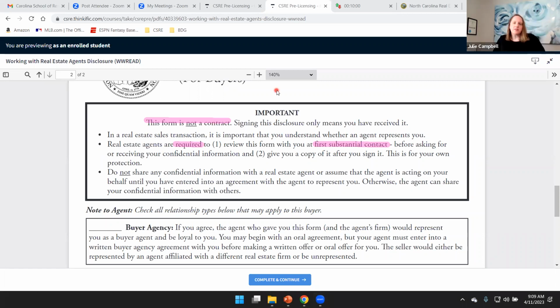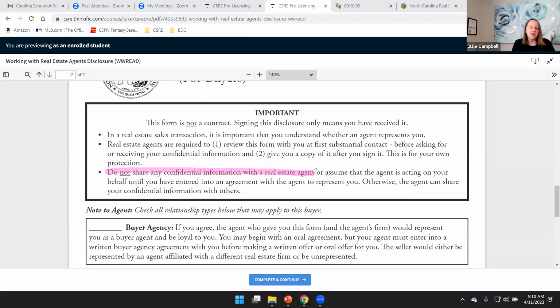The third bullet point says, do not, again, there's another underline, do not share any confidential information with the agent. Okay, let's make sure we understand that. If I'm already working with a buyer or seller, obviously part of the form is to stop, I represent the buyer, I represent the seller, and allows me to have the conversation with them.